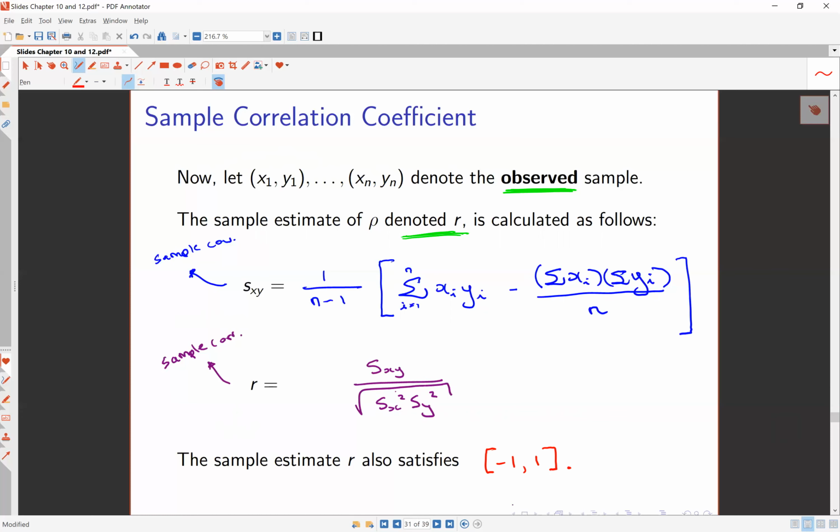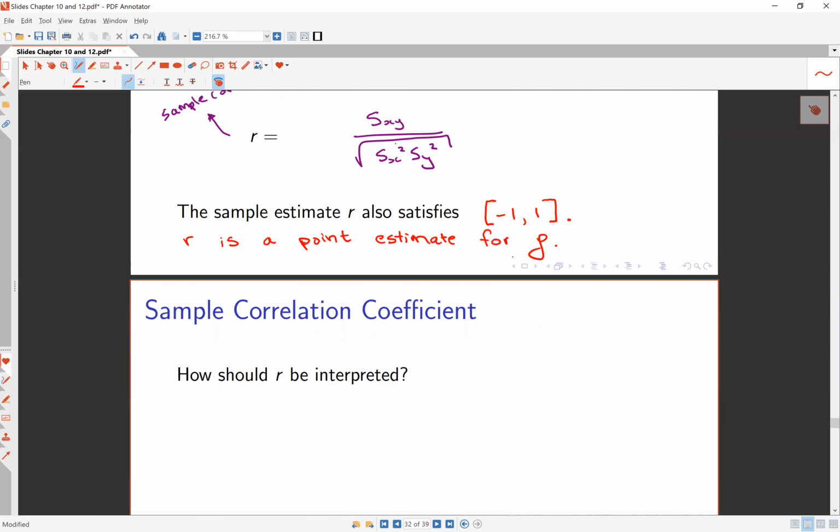In fact, the sample correlation we consider to be a point estimate for the population correlation. So it is our best informed guess as to what the true population correlation is. Now, how does this number work and how do we interpret it?